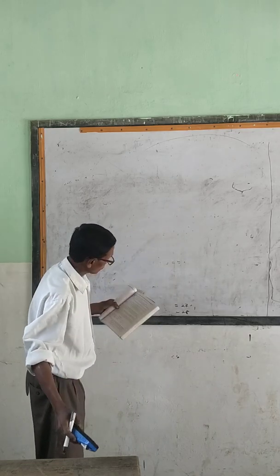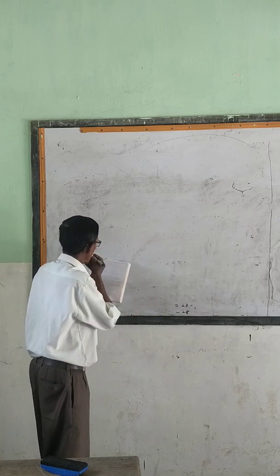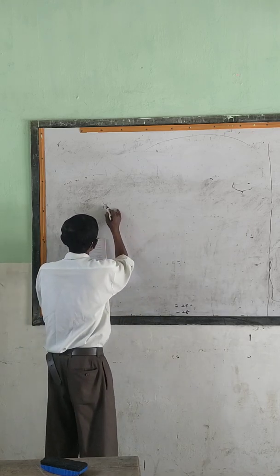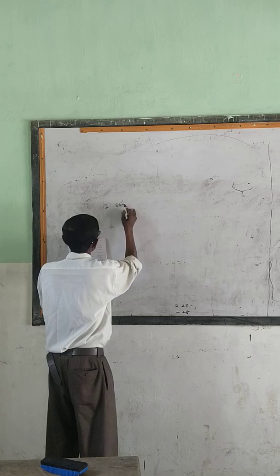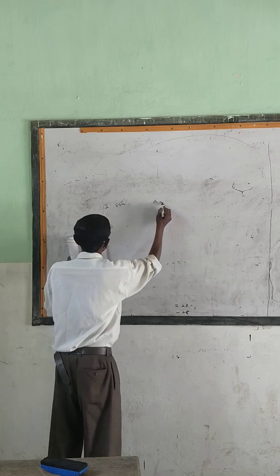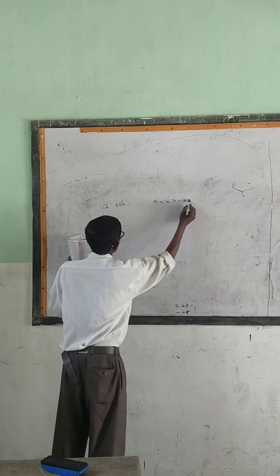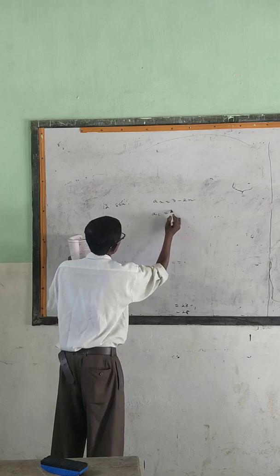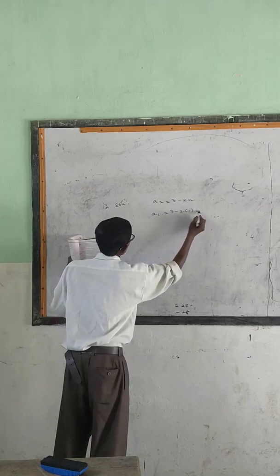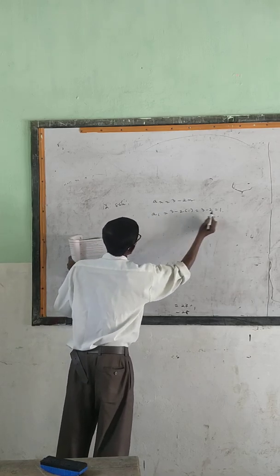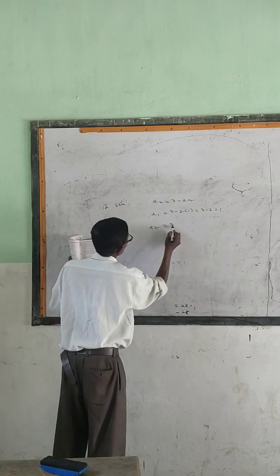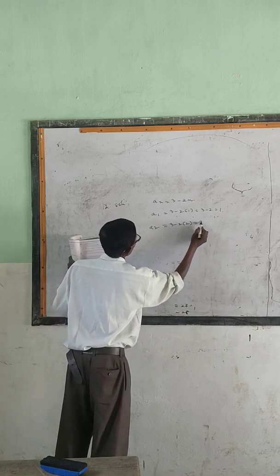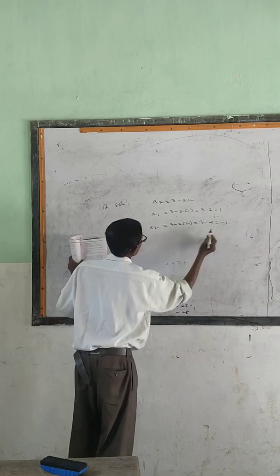Now let us come to question number 12. The question gives an equals 3 minus 2n. a1 is 3 minus 2 into 1, which is 1. a2 is 3 minus 2 into 2, which is 3 minus 4, equal to minus 1.